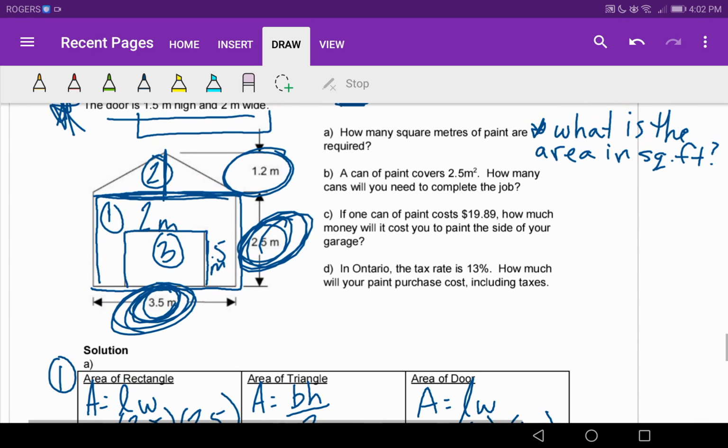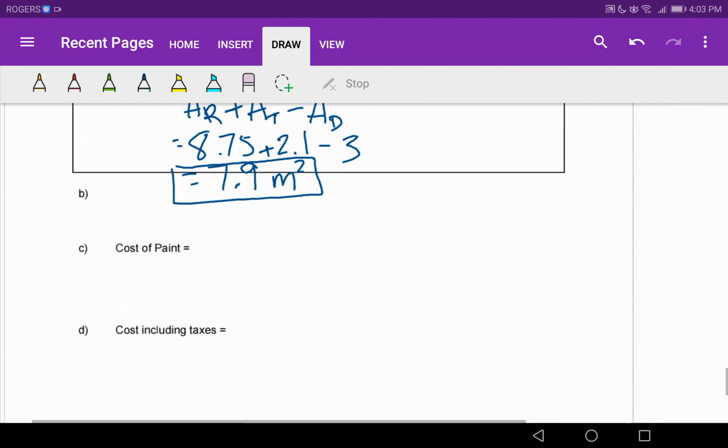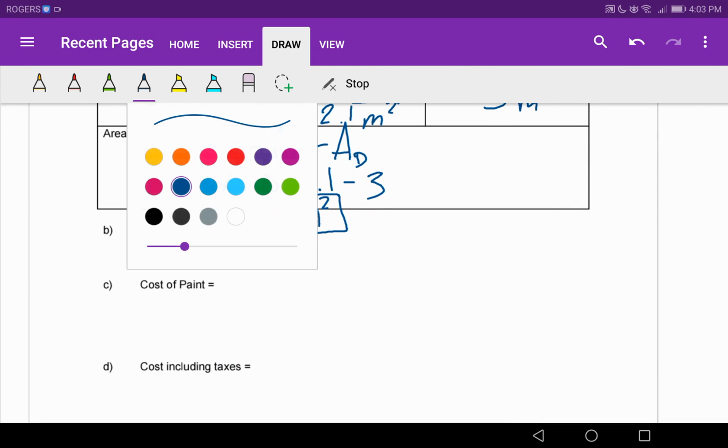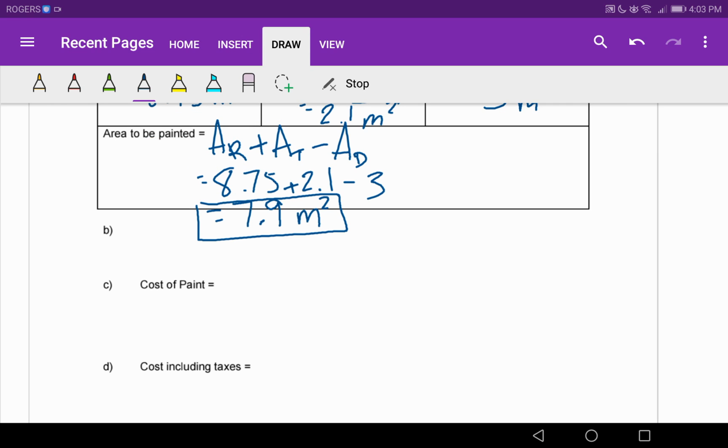Okay, on to question B. A can of paint covers 2.5 meters squared. How many cans will you need to complete the job? Okay. So we have 2.5 cans covers.